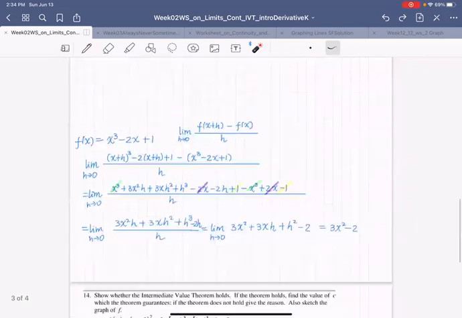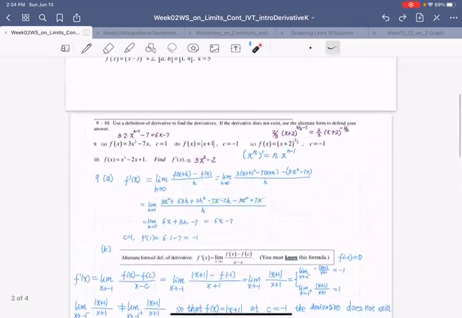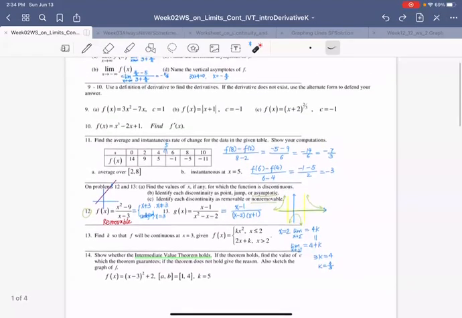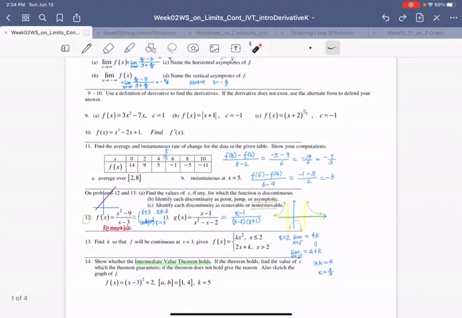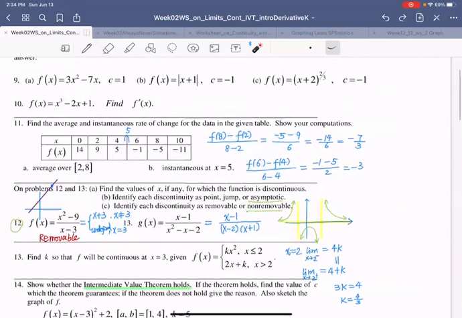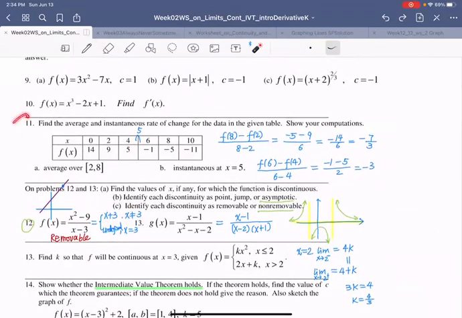Now we will come to the next topic, okay? Using the definition of derivative is a critically important thing. Let's see the next question. Our next question is very easy. They ask you to find the average and instantaneous rate of change.